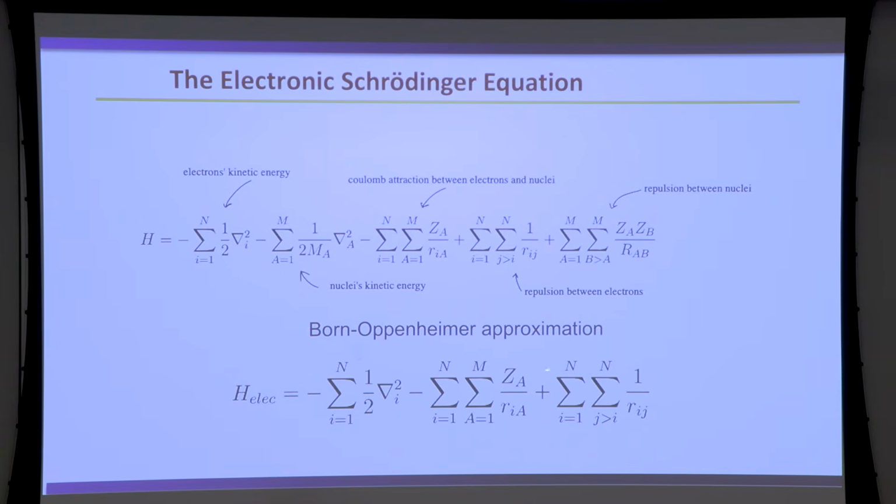With the Born-Oppenheimer approximation, H becomes the electronic H, and you retain the first one, and you retain this one, the electrons and nuclei attraction, and you get rid of this one, the nuclei term. So easier math, if you want.